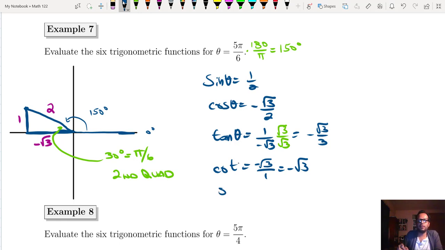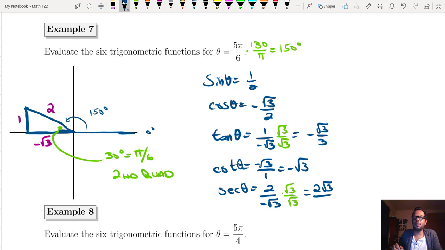Secant, which will be hypotenuse over adjacent, negative 2 divided by negative root of 3. And rationalizing this denominator, we should get the following: 2 root of 3 divided by 3. And don't forget the negative sign. Okay, this should be a negative number.